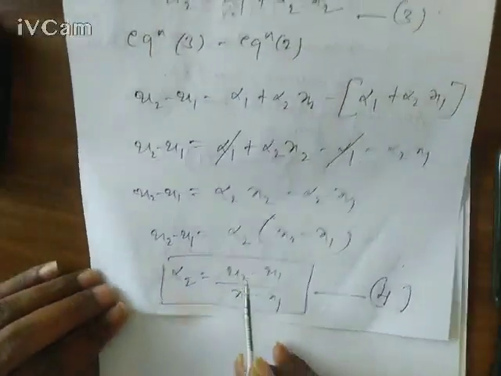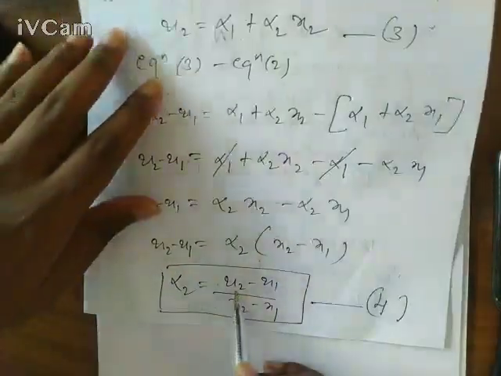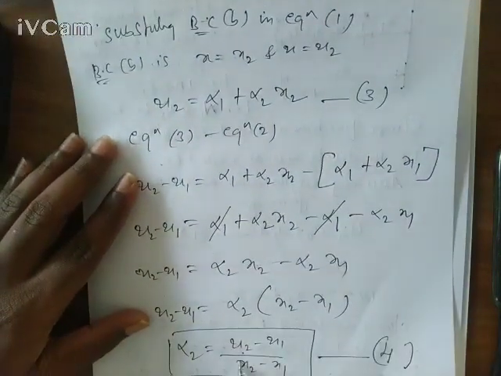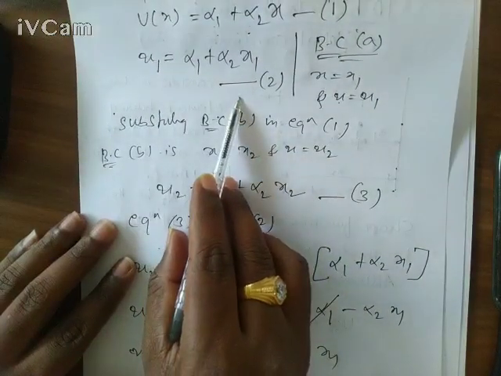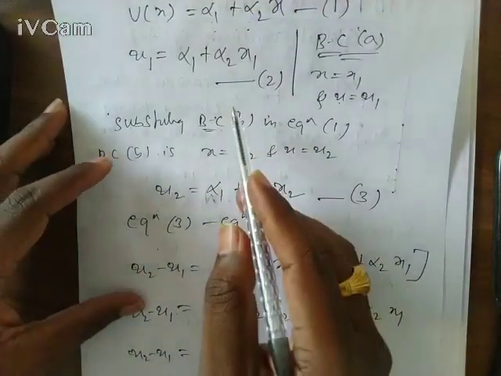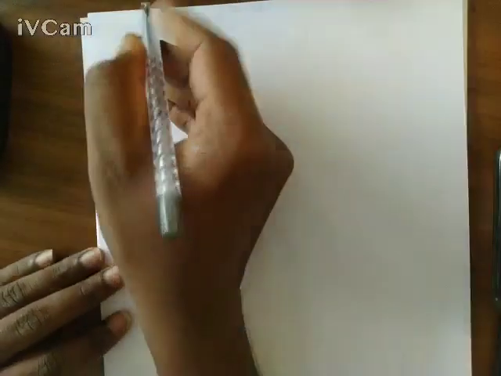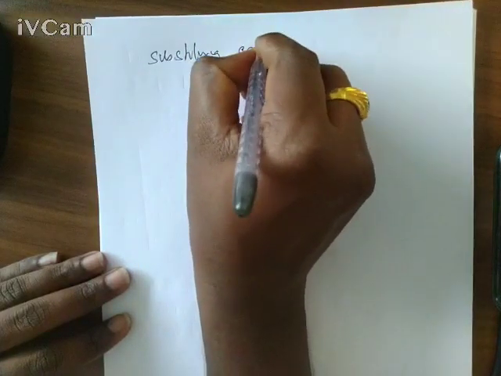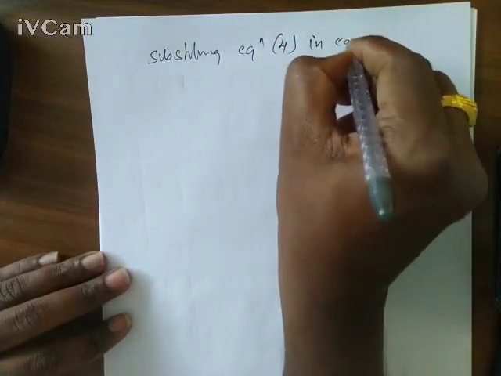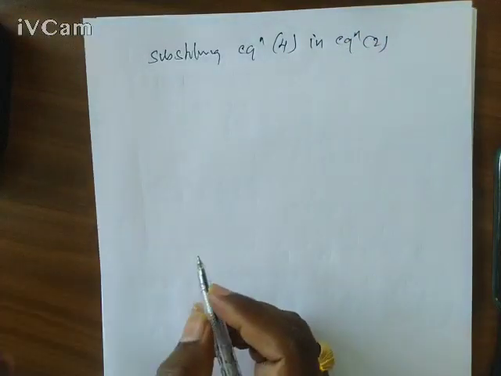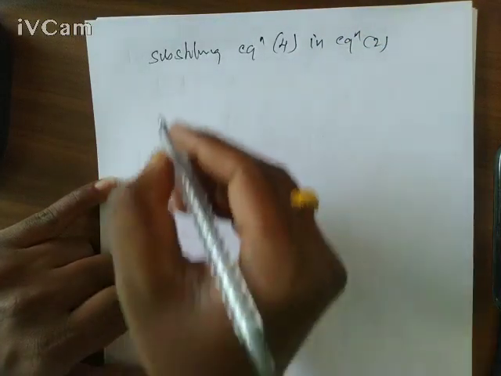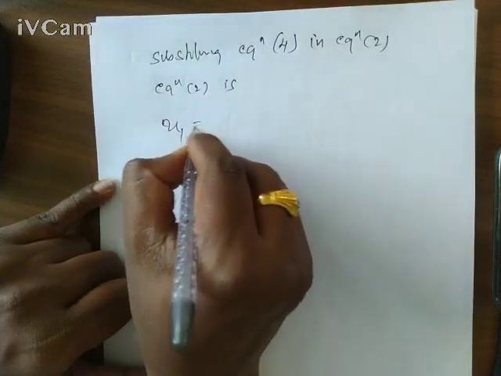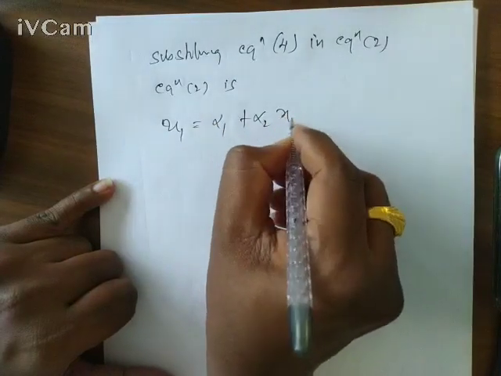Now I will be substituting this alpha 2 value, equation 4, in equation 2. What is my equation 2? Equation 2 is u1 is equal to alpha 1 plus alpha 2 x1.